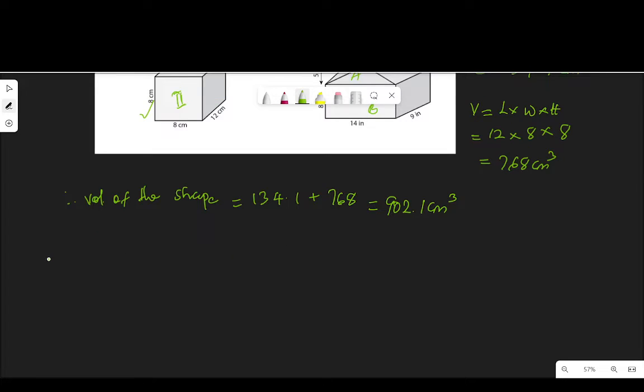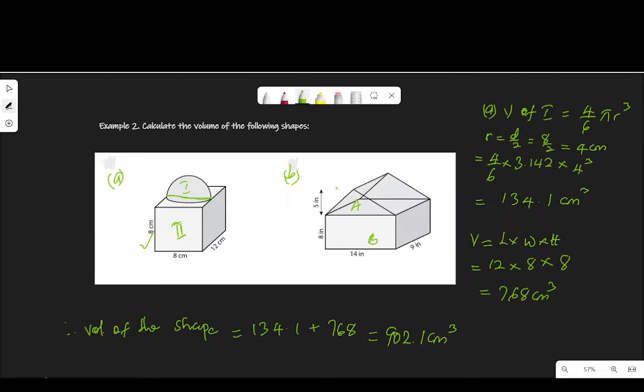And to get the volume of that prism on top, we need to multiply the area of uniform cross-section by the length or the height of this prism. The uniform cross-section is this triangle right here, which is the same triangle at the back.